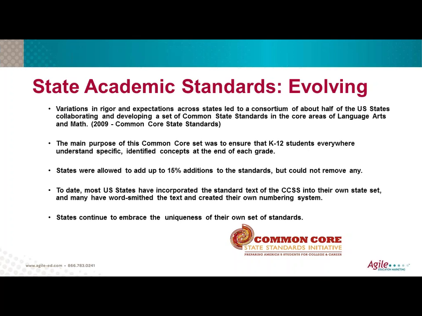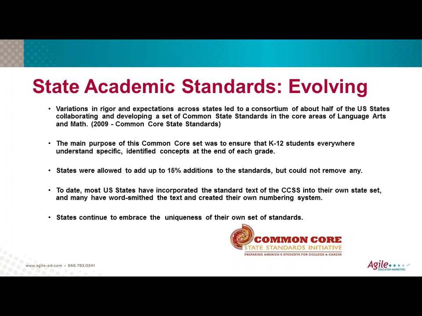And again, we have 50 states plus DC, so 51 sets of standards in the U.S. that are all unique, which is where we were before. The difference is that all these standards have more commonalities now than they did before.